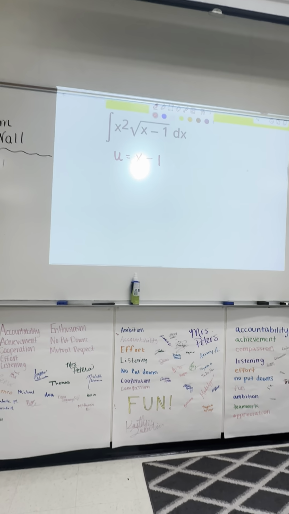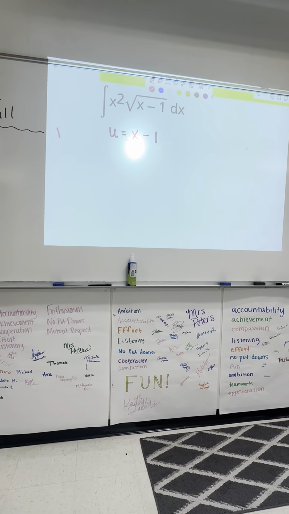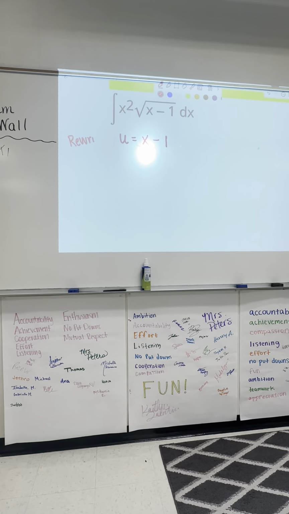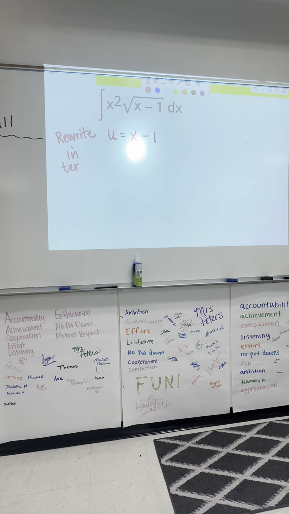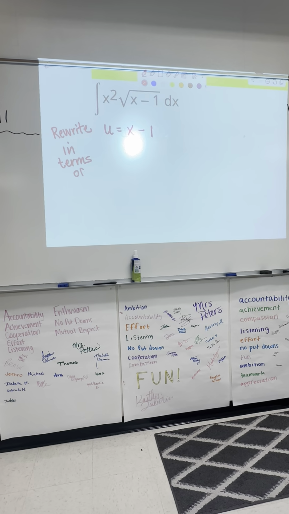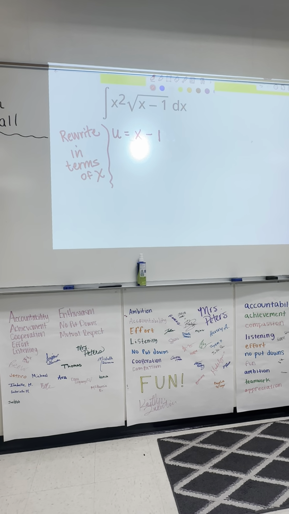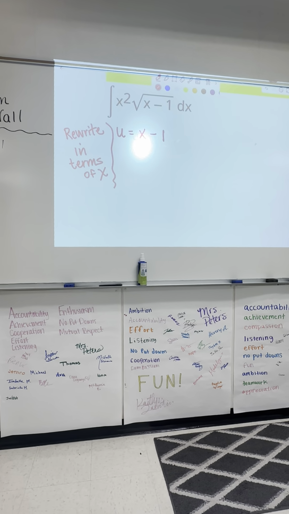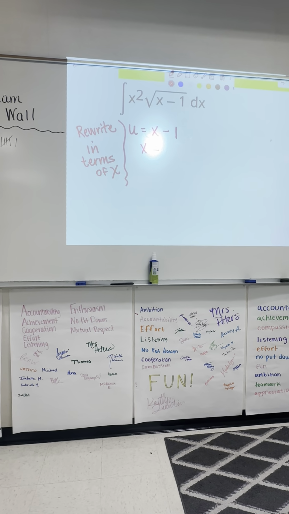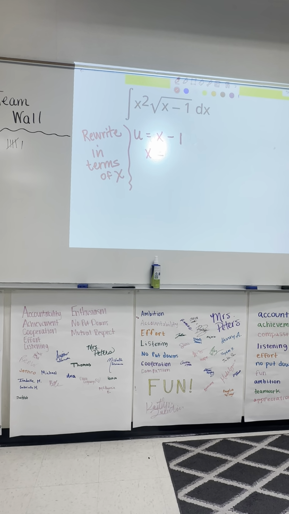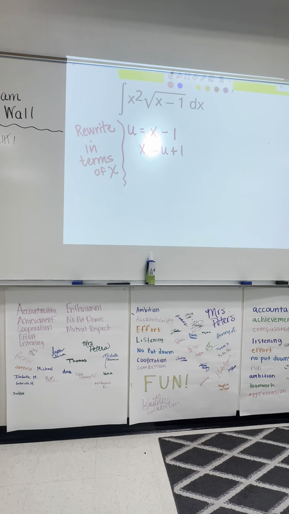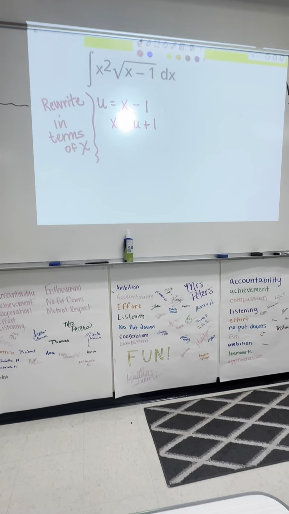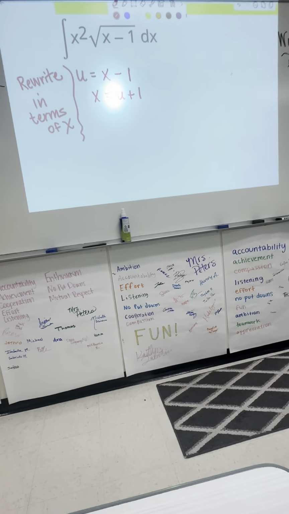So I'm gonna rewrite in terms of x. Okay, so x actually equals what? u minus 1. Close, almost, u plus 1. Because I would just move the 1 over to the left-hand side. Okay, that's the first step.